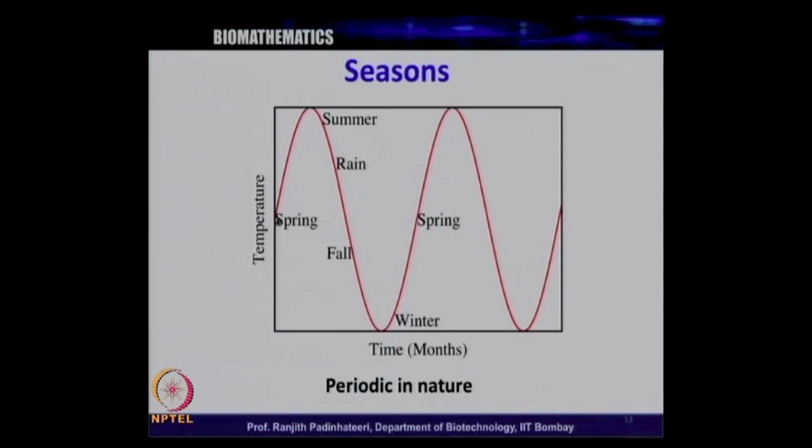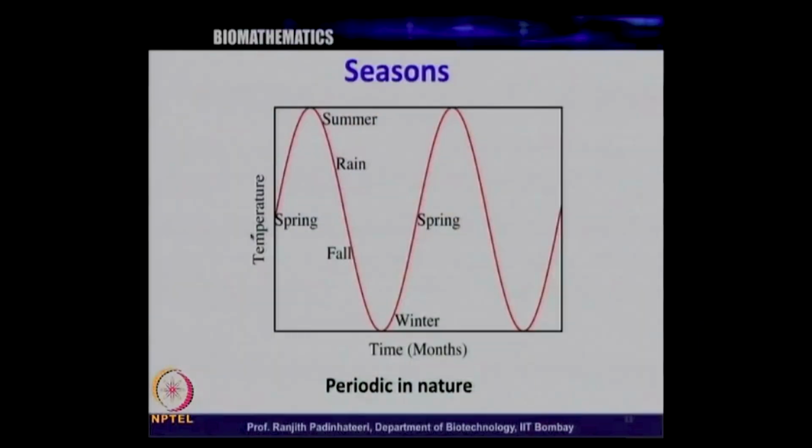I am not taking numbers here, and none of these examples will have numbers as of now. I will give you some overview of this idea. I want you to get the idea of how to represent a particular phenomenon using a graph. And once you get this idea, we will put in numbers and try and extract more and more information from this graph. So that is the aim.